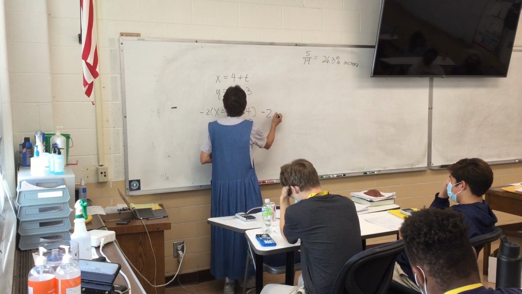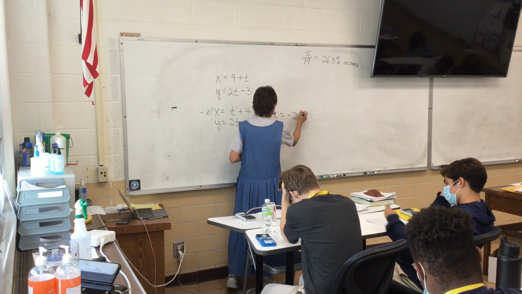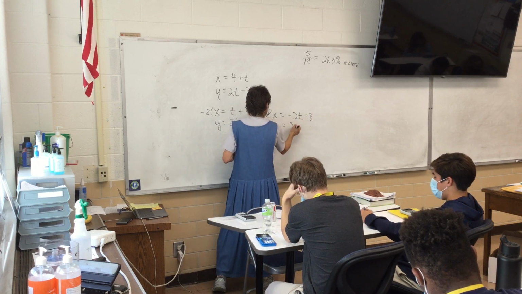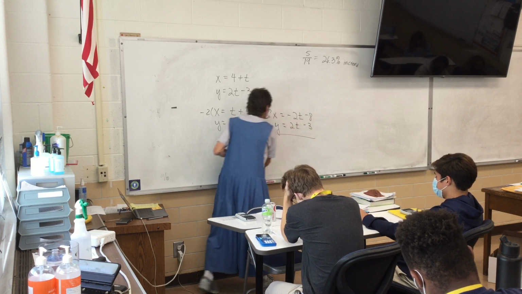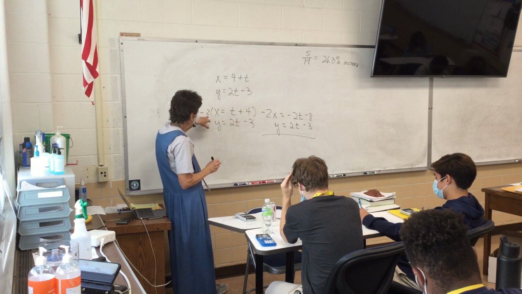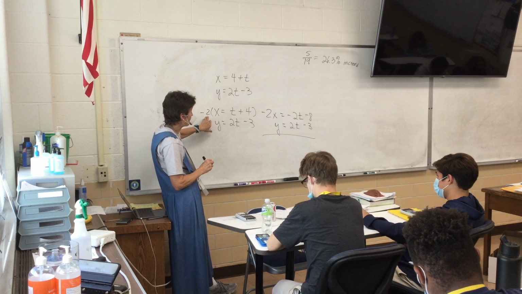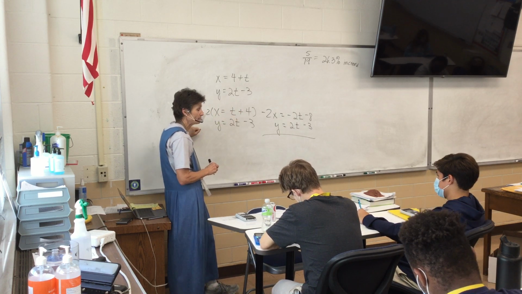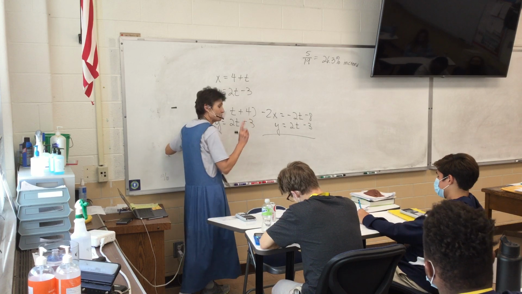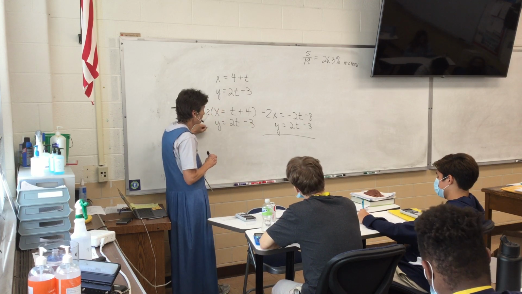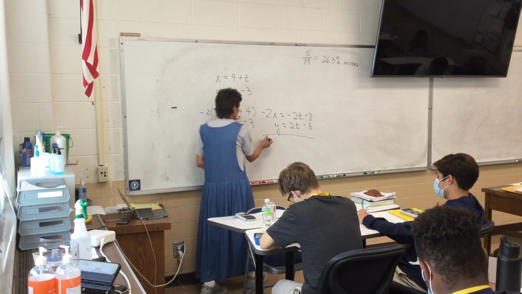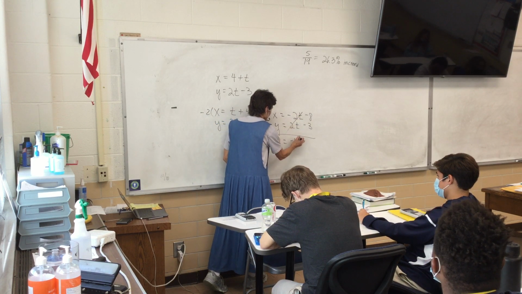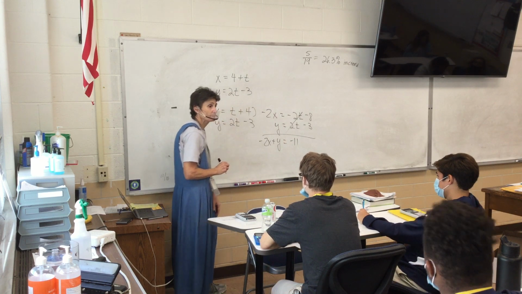So negative 2x equals negative 2t minus 8. And y equals 2t minus 3. So I'm just simply multiplying the top equation all the way across by -2. And then I'm gonna add, so -2x plus y equals -11. That's it.